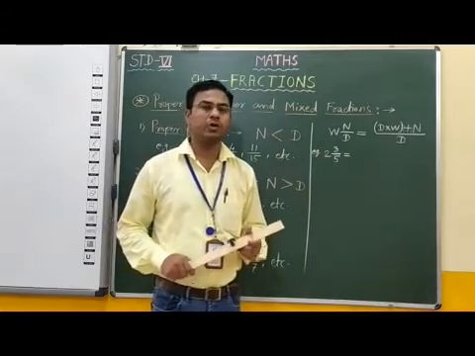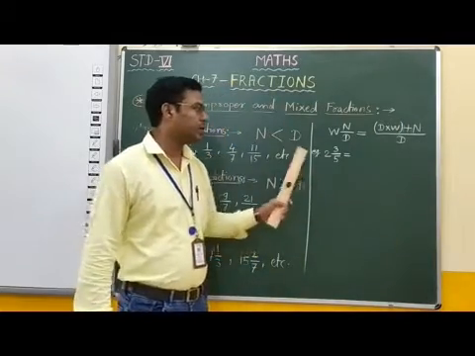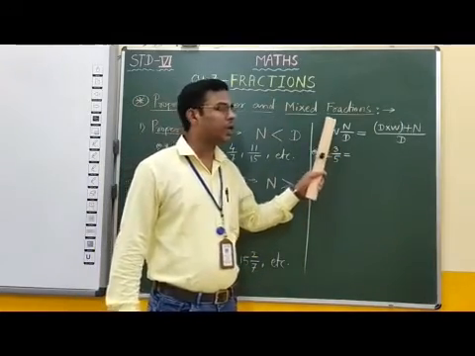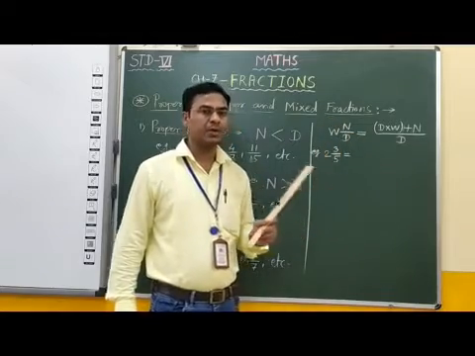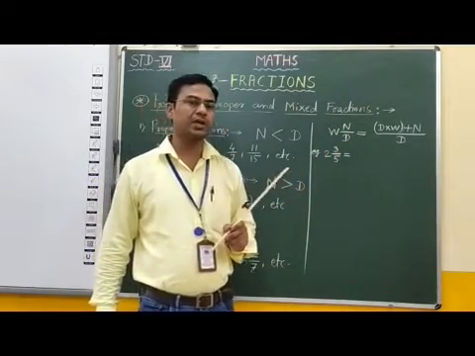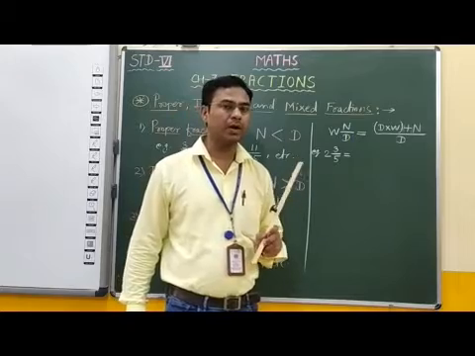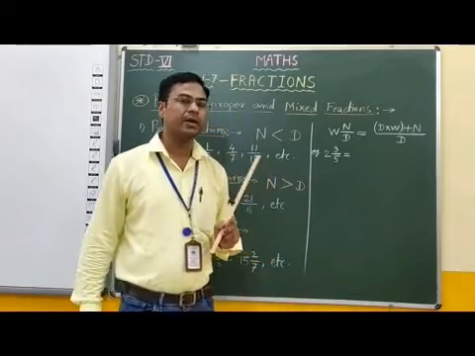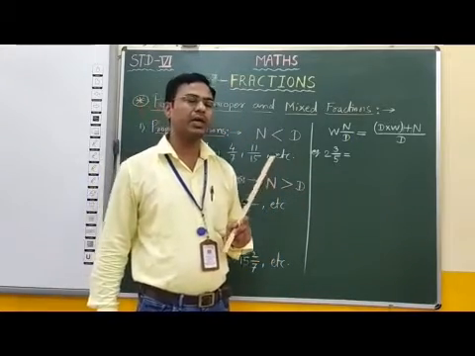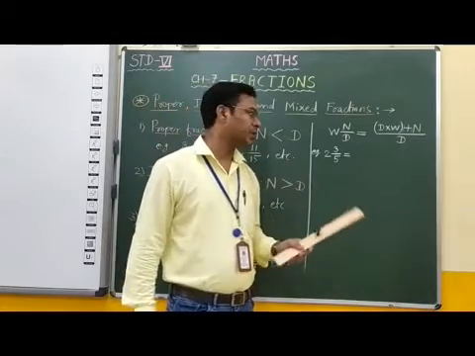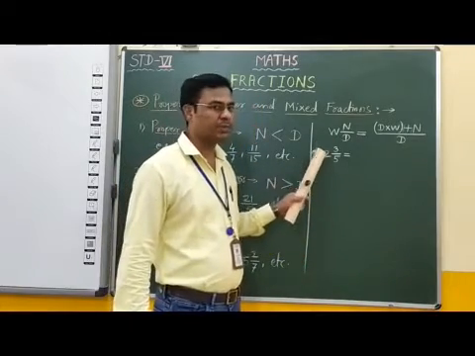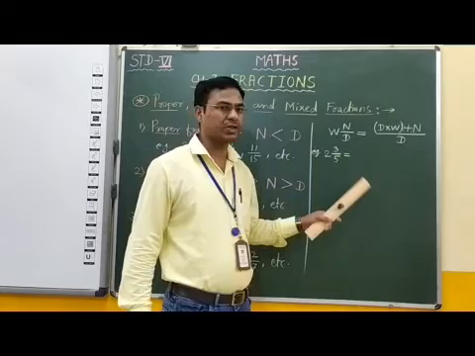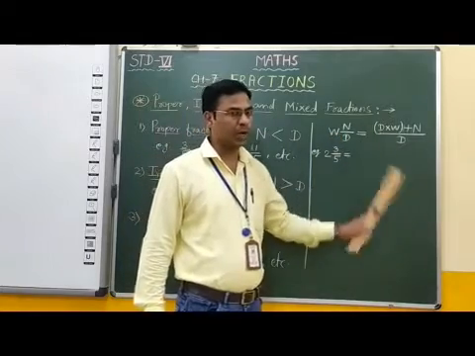Now we are going to study how to convert a mixed fraction into an improper fraction. Students, a mixed fraction converts only into an improper fraction. Therefore, here we have to convert this mixed fraction into an improper fraction by using this formula.